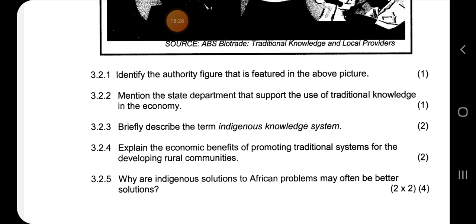Briefly describe the term indigenous knowledge system. So everything that you know, let's say this was not even proven by science, but your people believe that this is true about a particular thing. Maybe about clouds, it says when clouds are like this it is going to rain.